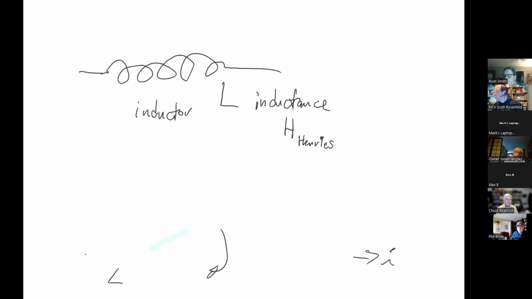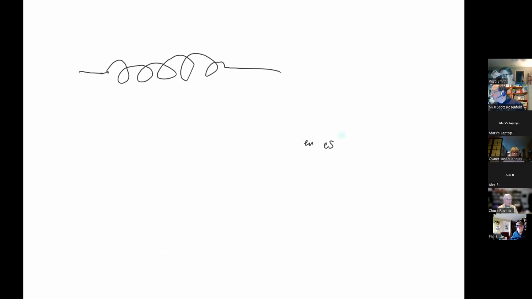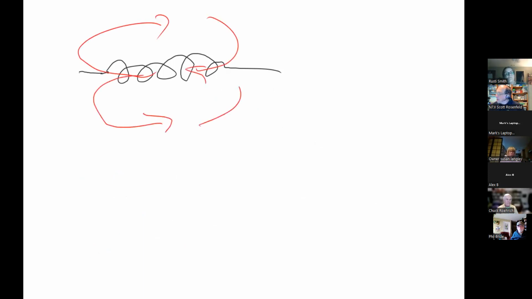Now, if you disconnect a capacitor from a power supply, it will stay charged up to wherever it was. But what happens if I have this magnetic field that's now zipping around in space around this inductor? It has a north and a south pole. If anyone's ever taken a nail and built an electromagnet out of it, that's essentially what this is.